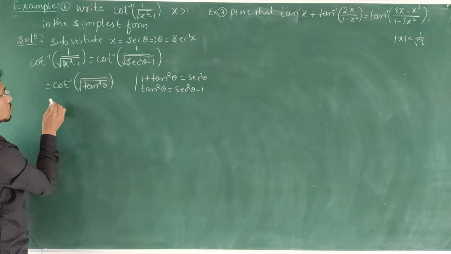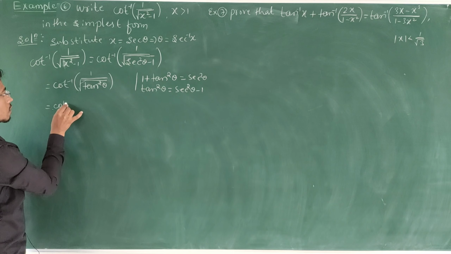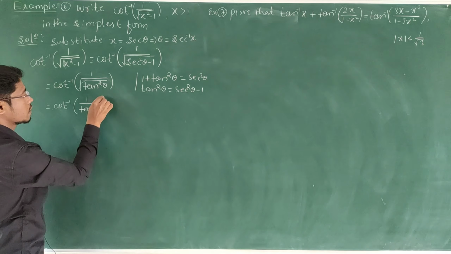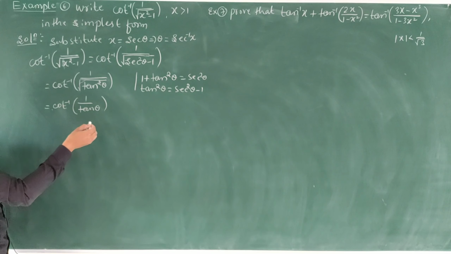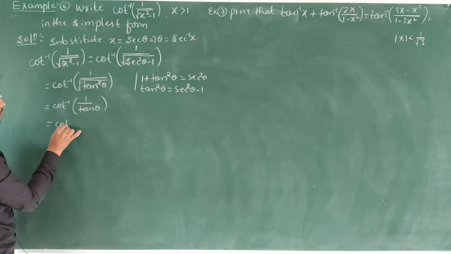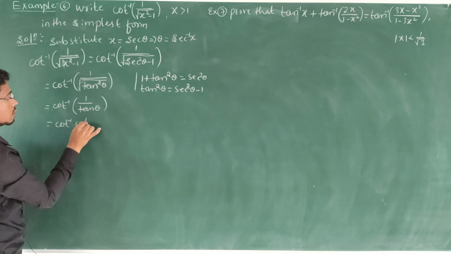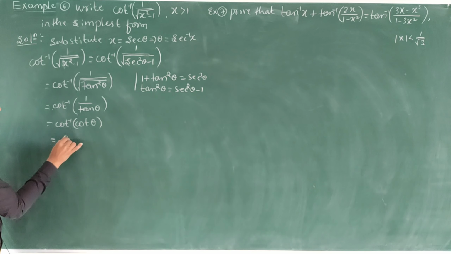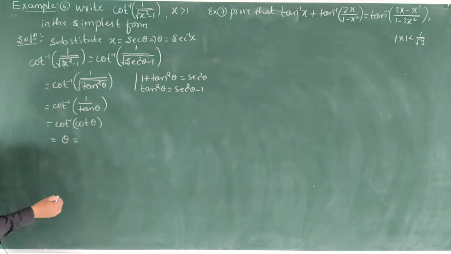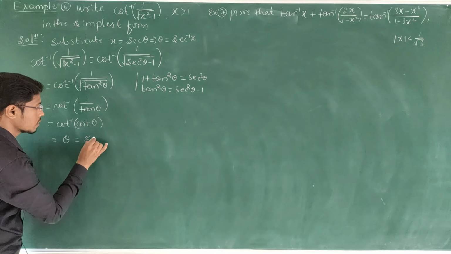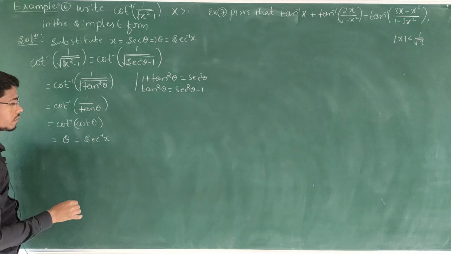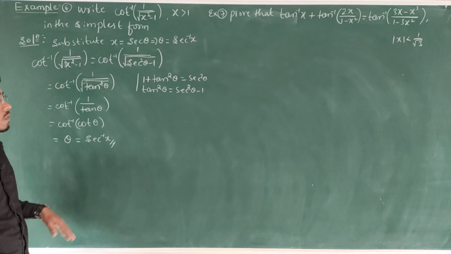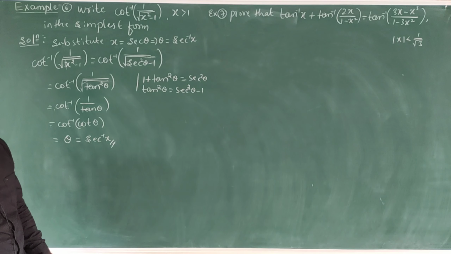Cancelling square and square root, we get cot inverse of 1 divided by tan theta. 1 by tan theta is cot theta, so cot inverse of cot theta. Cot inverse and cot cancel, theta remains, and theta is sec inverse of x. So the simplest form is sec inverse of x.